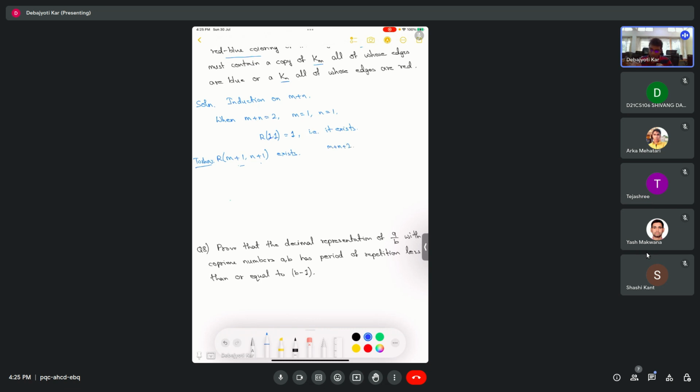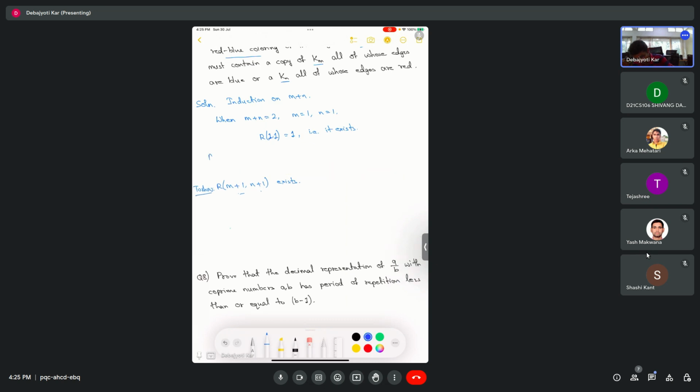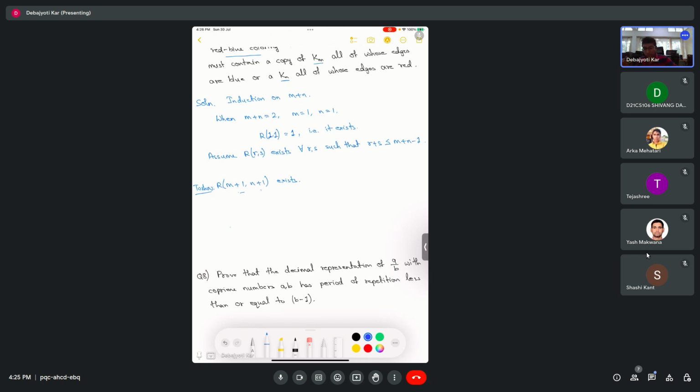So by strong induction we can assume that for any r and s whose sum is at most m plus n plus 1, the Ramsey number r(r,s) exists.